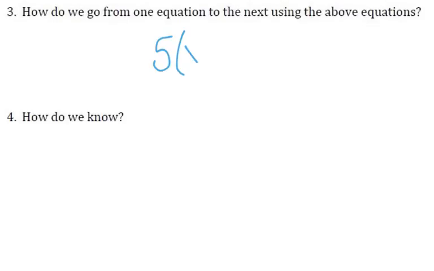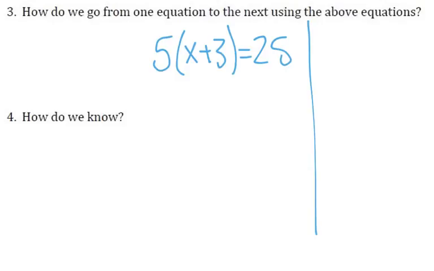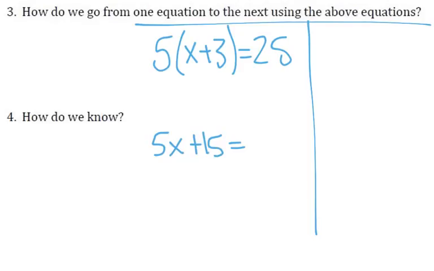So let's rewrite this. And I'm going to draw a line here, give myself some space. Okay. So, in math, they have a bunch of rules that say we can do certain things.